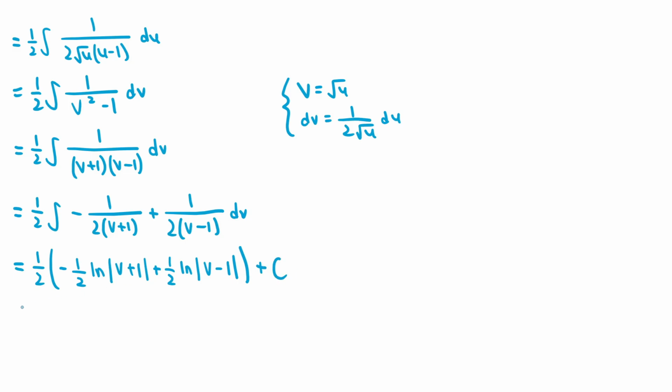If we expand the expression, we end up with negative 1 over 4 times ln of the absolute value of v plus 1 plus 1 over 4 times ln of the absolute value of v minus 1 plus c.